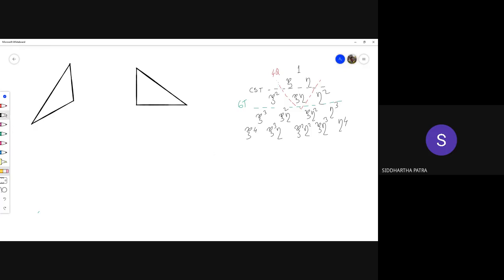Anyways, now let us talk about it. In the last class we have seen that, and this time I'm only drawing the natural coordinates.